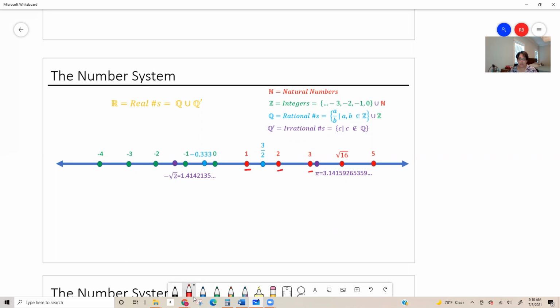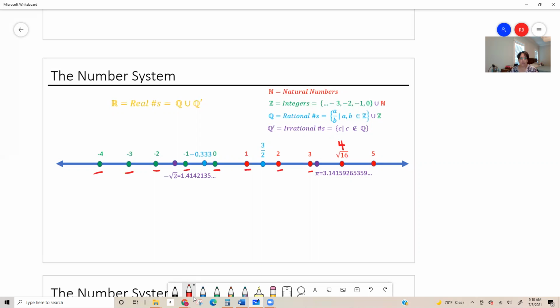Even though this says the square root of 16, the square root of 16 is really 4. So sometimes these numbers are disguised, but those are the natural numbers. The integers take all of those natural numbers and they also add in 0 and all of the negative counting numbers. So negative 1, 2, 3, 4, and so on.